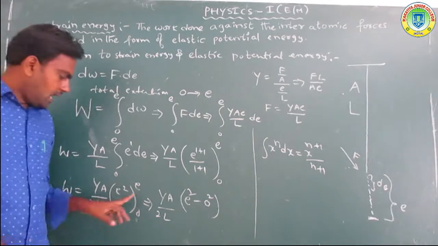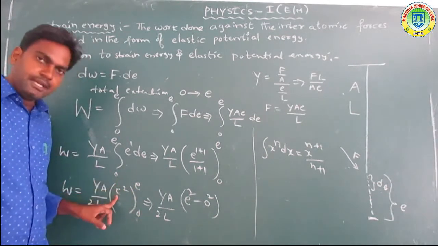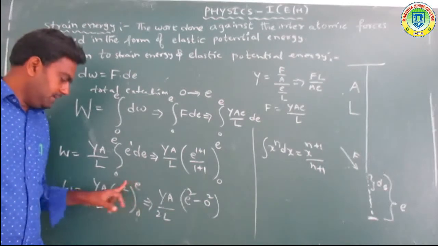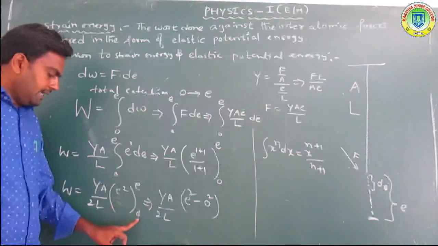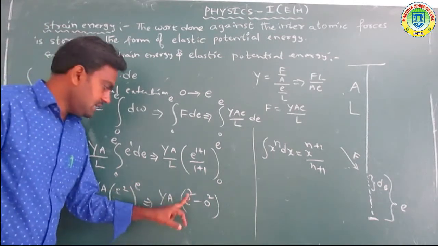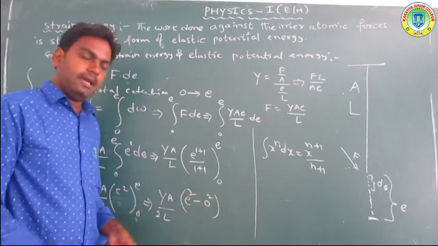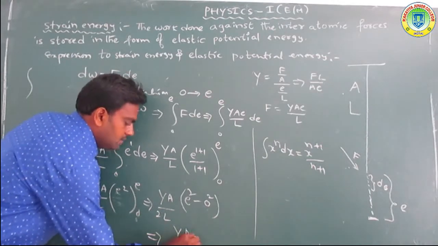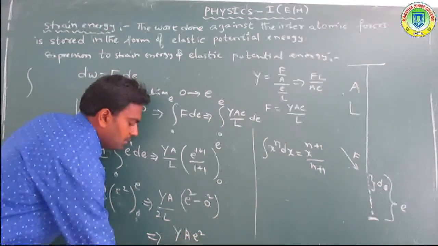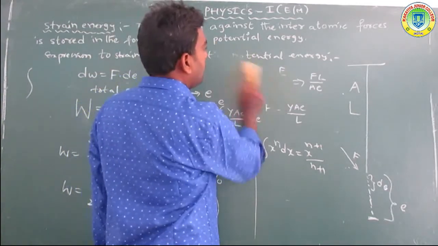We get the final equation: W is equal to Y A e square by 2L. Got it?